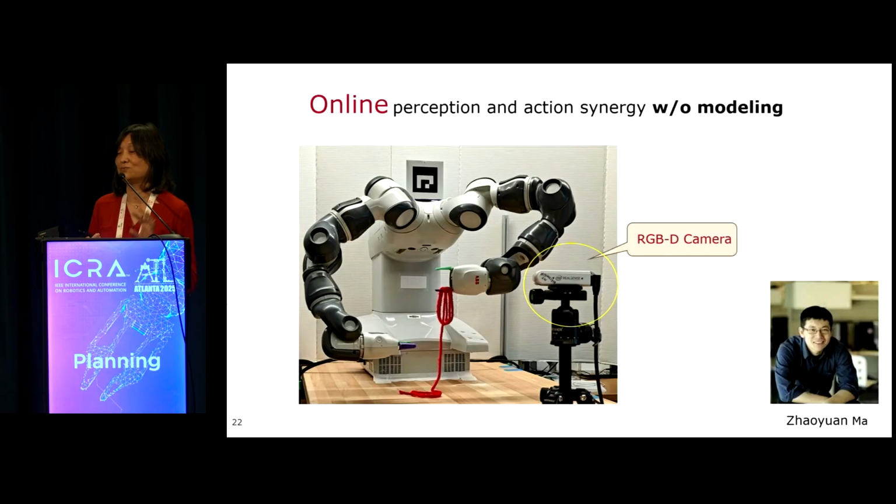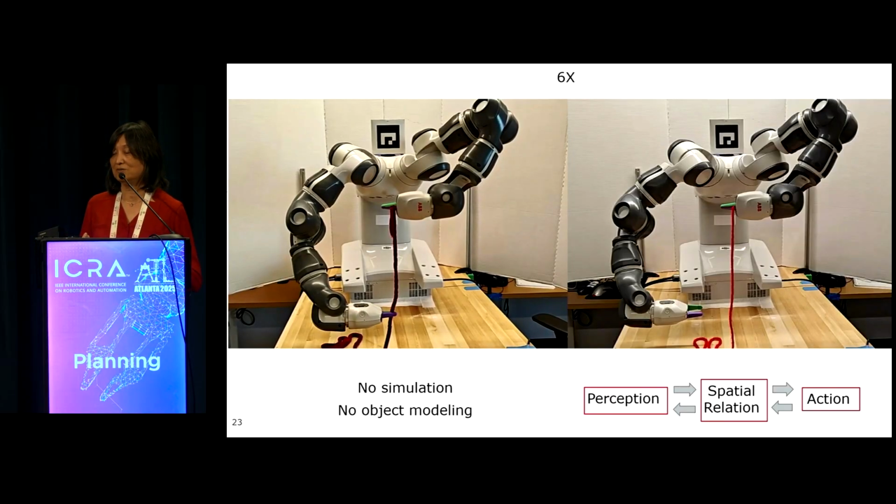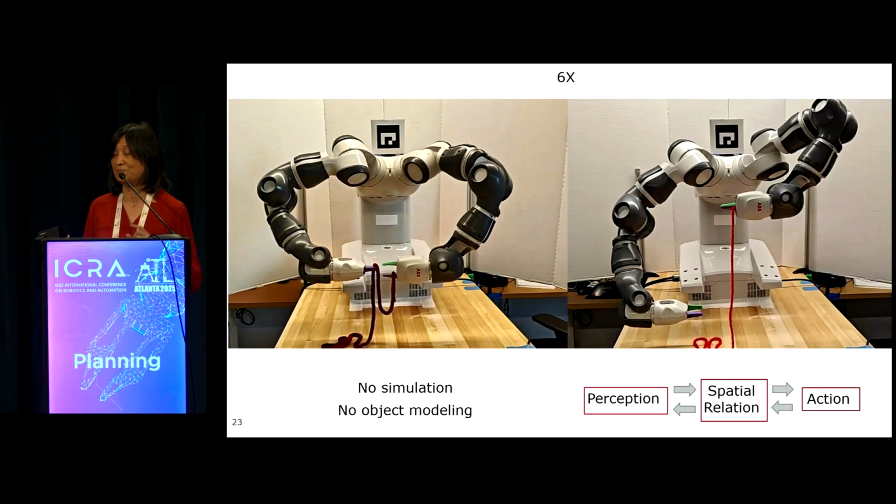Finally, I just want to use 2 minutes to talk about the same strategy, using spatial relationships among objects to do deformable manipulation. In this case, we don't know the object model. We just use the RGBD camera to detect the spatial relation.